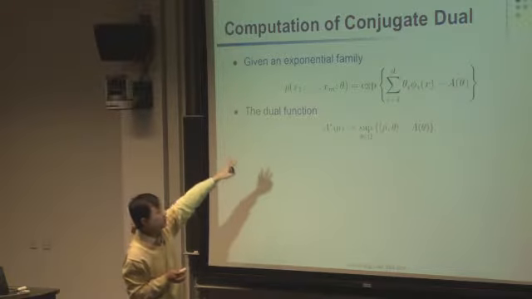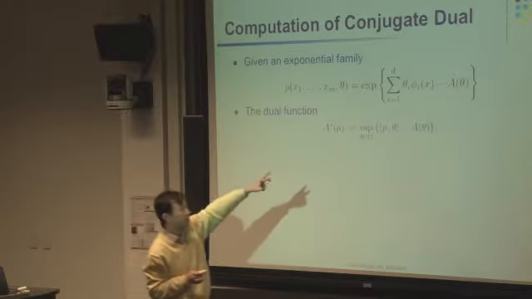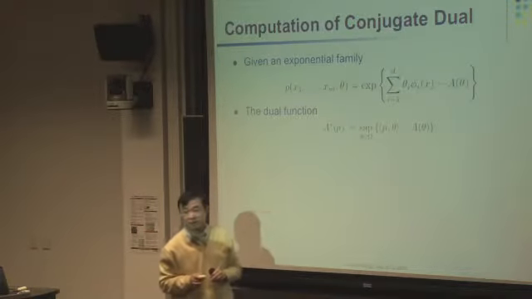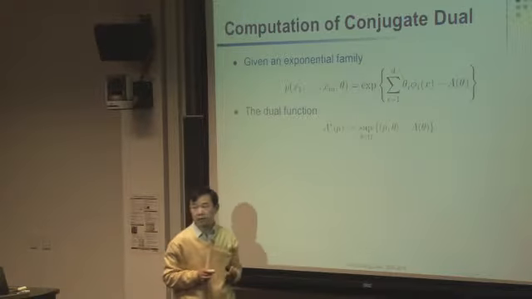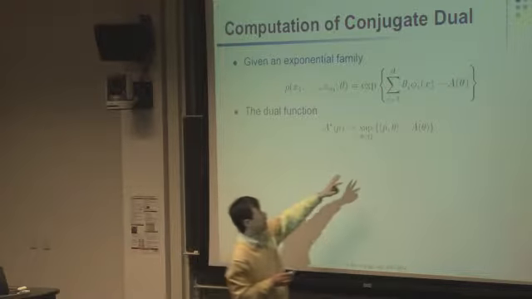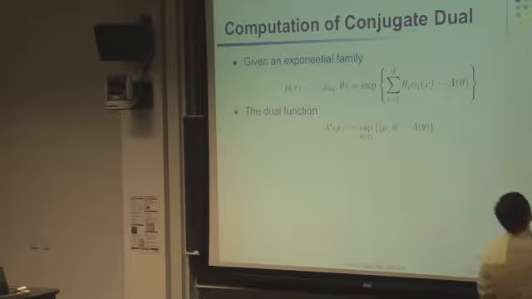We now have a general exponential family distribution, and here we have phi corresponding to the sufficient statistic, and theta corresponding to the canonical parameter.